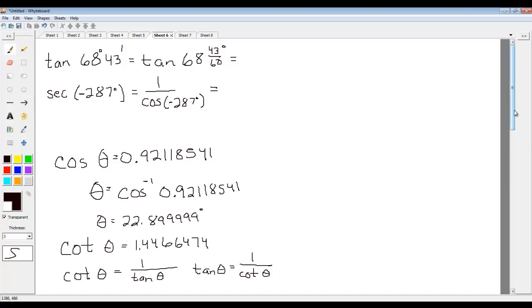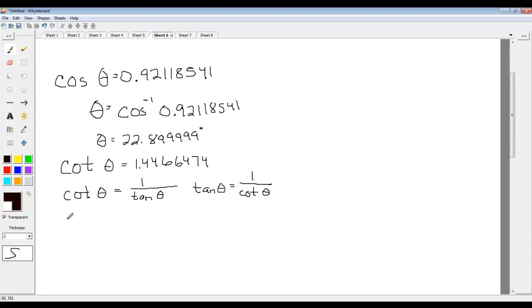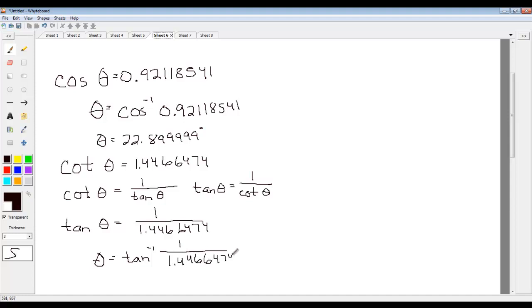So this is telling us that tangent of theta here is 1 over 1.44666474. So to find theta, we can do the inverse tangent of 1 over 1.44666474.